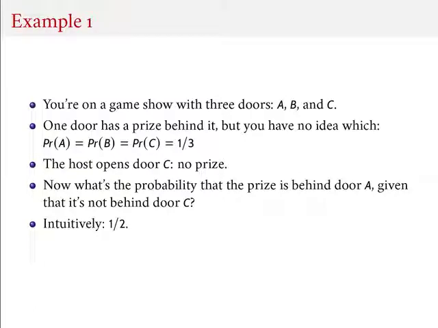Given that it's not behind door C, now the probability that it's behind A is 1/2 because the full probability is now split equally between A and B. But now what we can do is use our definition of conditional probability to calculate 1/2. So let us look at the formal answer and verify that it lines up with the correct intuitive answer.